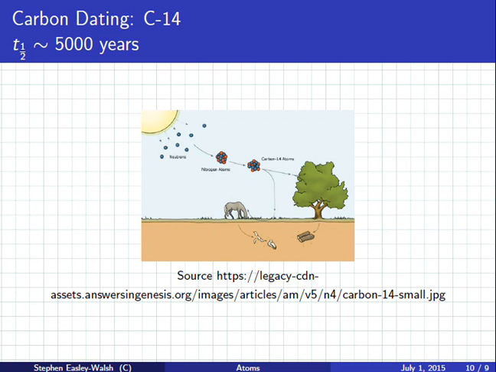Now, what eats plants? Well, animals maybe eat plants. So the carbon-14 that's in the plant is now in the plant and in the animal. And then we eat the animal, and so we now have the carbon-14 from the animal, which is from the plant.